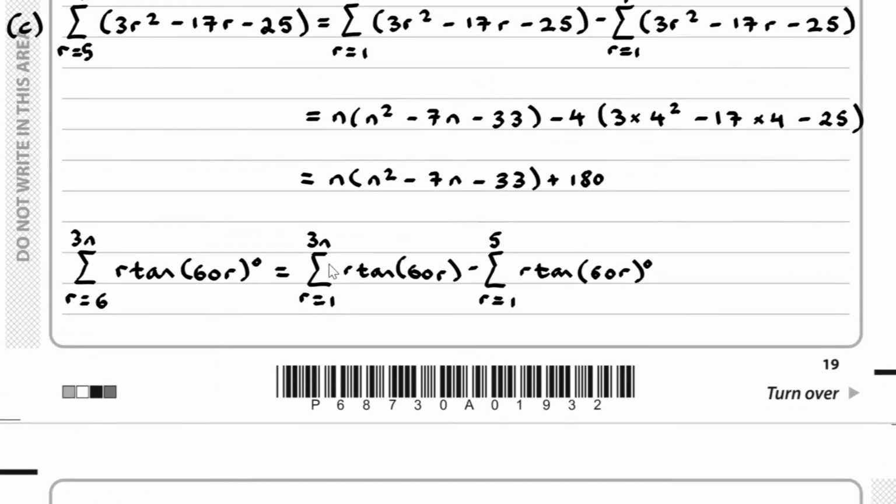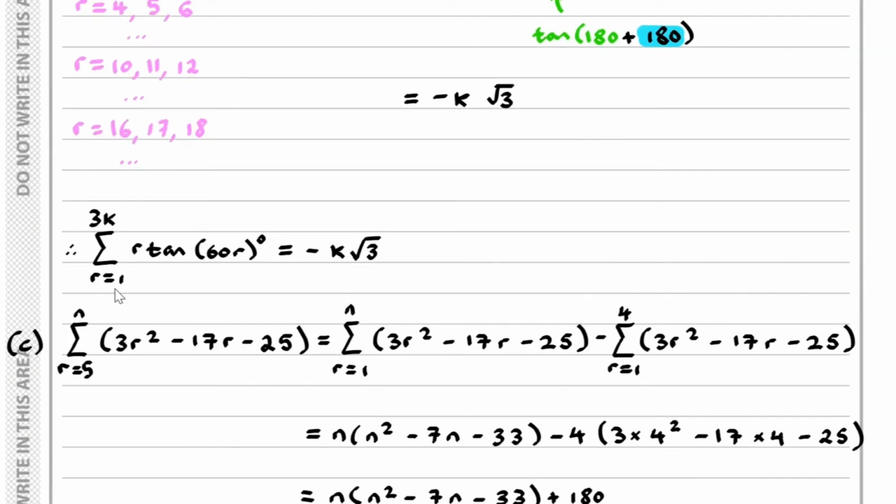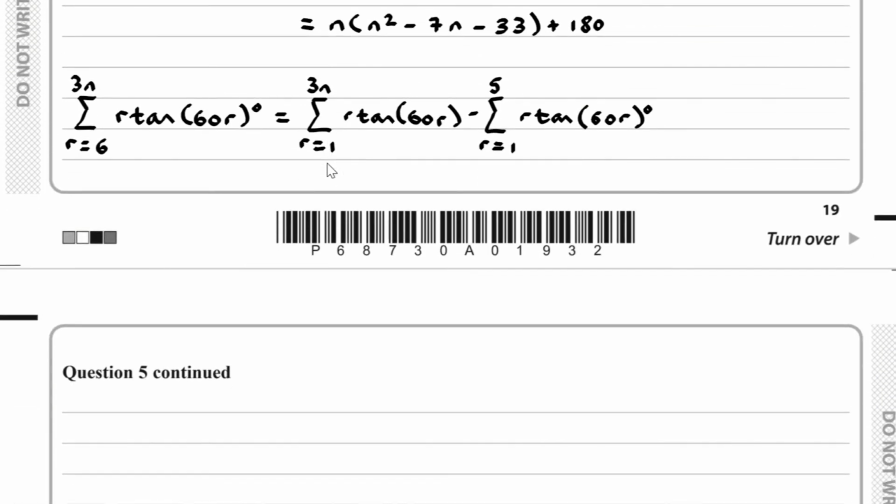Now, I already know what the sum from r equals 1 to 3n is. Well, from r equals 1 to 3k, that's minus k times square root of 3. We replace the k with n. And so what we will have over here then is minus n times the square root of 3. And then we subtract the first 5.